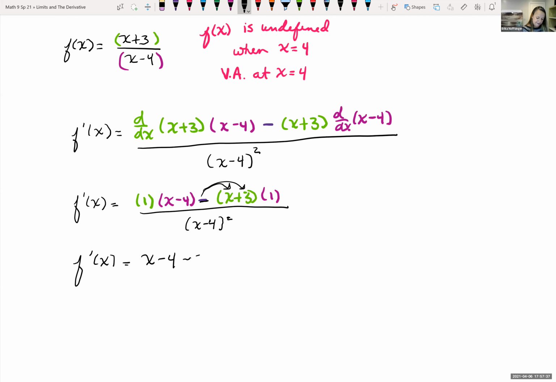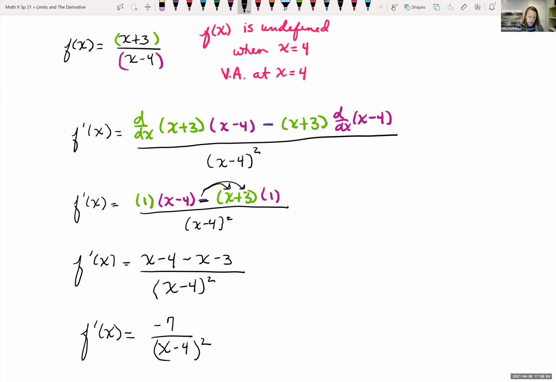So we get negative x minus 3, all over x minus 4 quantity squared. So looking at this, x minus x is 0, negative 4 minus 3 is negative 7, all over x minus 4 quantity squared.